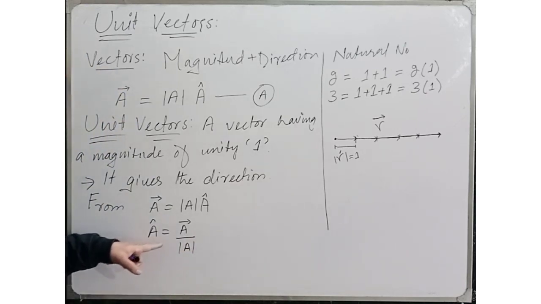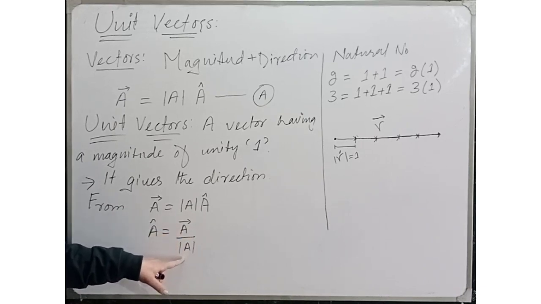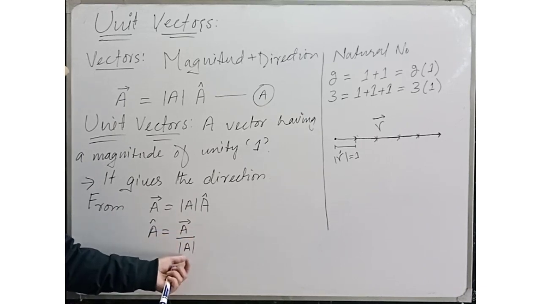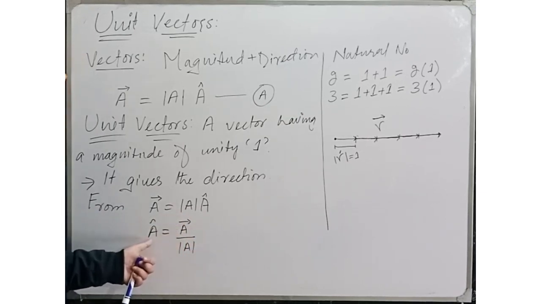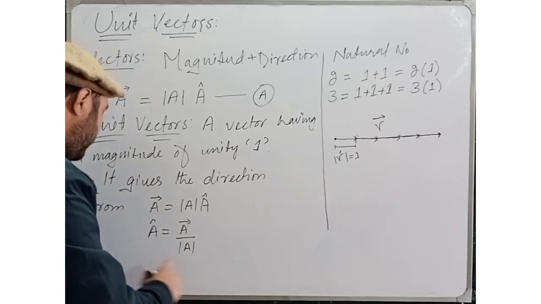Now from here you can see that a vector having a magnitude and a direction is divided by its own magnitude. So over here the magnitudes are going to cancel one another, so we are only left with a unit magnitude, or we are only left with direction, right? That's why we can say that a unit vector is dimensionless.